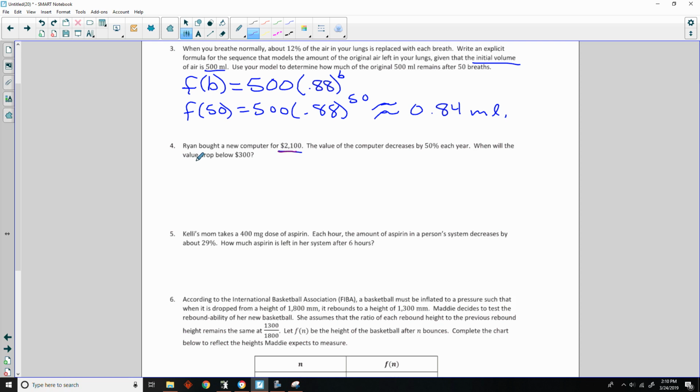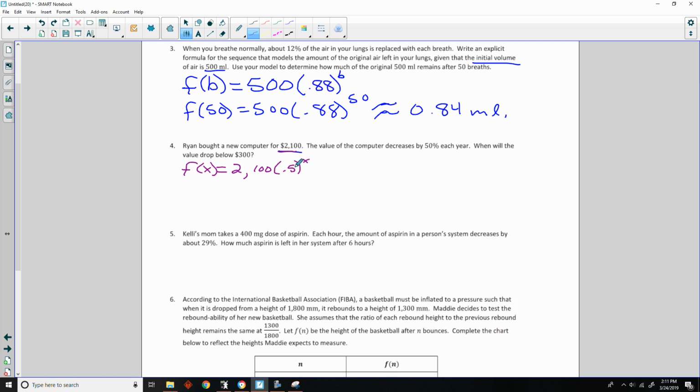So we write a formula. F of, I don't know. Here's a variable. What are we talking about here? Let's just say f of x, why not? Equals, initially the computer was $2,100, and it's going to decrease by 50%, which is 0.5 to the power of x.